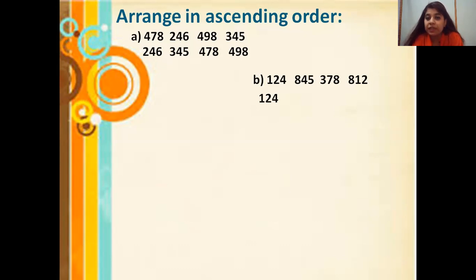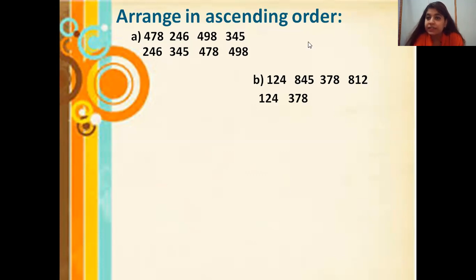Now, which is the next number that comes after 124? This is 378. Now, again we have two numbers that have the same number in the hundreds place. We have 8 at the hundreds place. So what will we do? We'll move to the tens place.